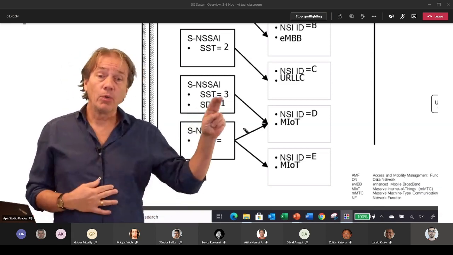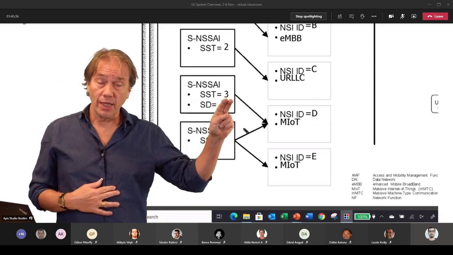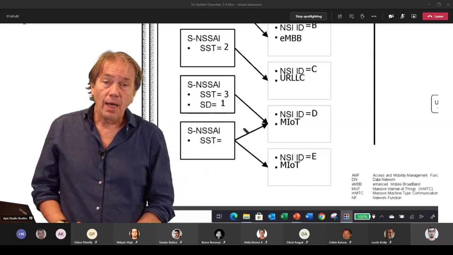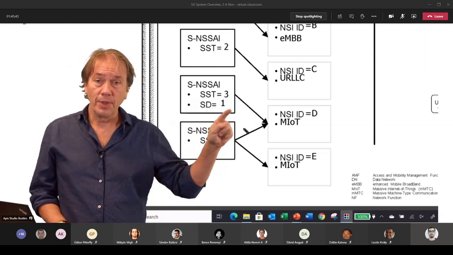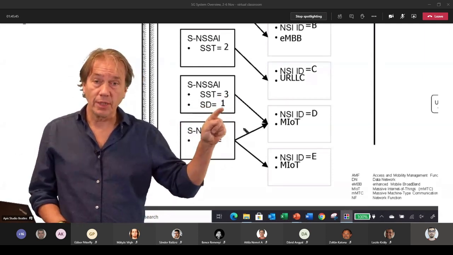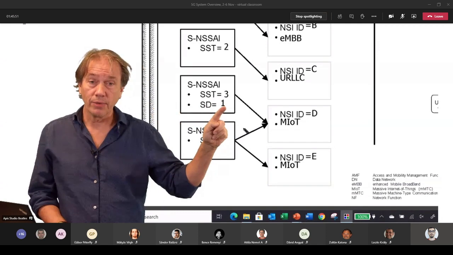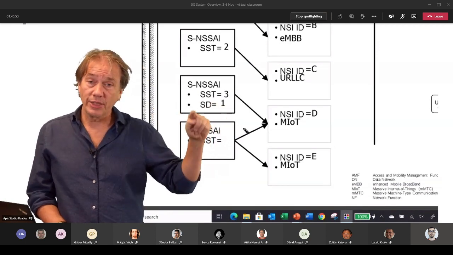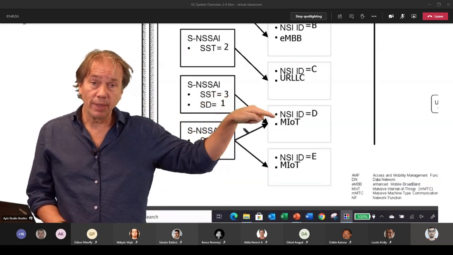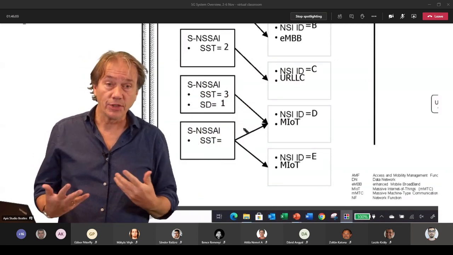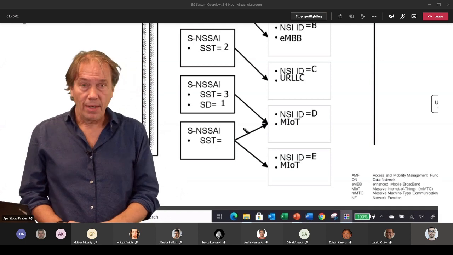And it means I want to belong to an MIoT slice, but not just any MIoT slice. I would like to register in this particular MIoT slice. So this points directly to that slice, or slice instance, I should say.